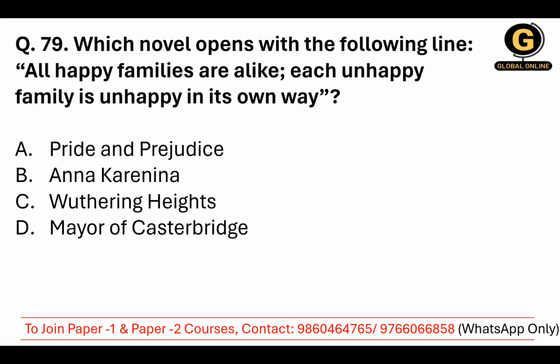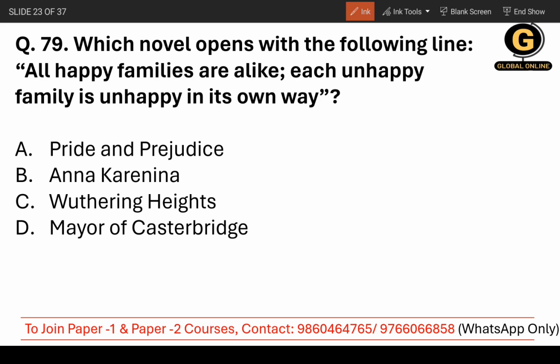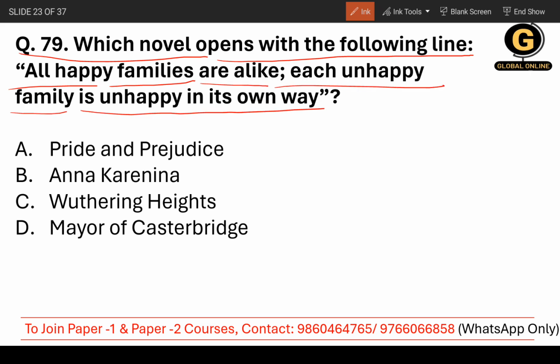Moving on, 79. Which novel opens with the following line? All happy families are alike. Each unhappy family is unhappy in its own way. Of course, because all happy families are alike, but each unhappy family is unhappy in its own way because we have so many things to be unhappy about, right?